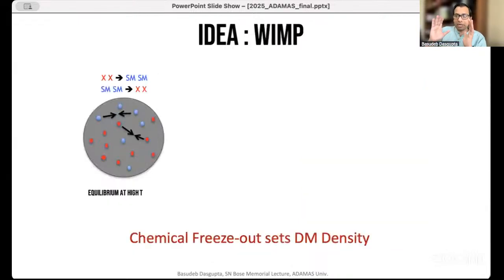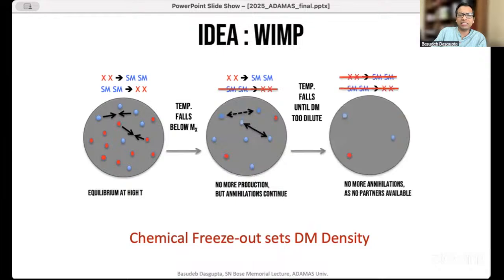Let's move on to this middle candidate. It's called WIMP, and one of the most widely studied candidates for dark matter is this idea. The reason is that this kind of particle very easily produces the observed abundance of dark matter. And that has something to do with chemical freeze out.